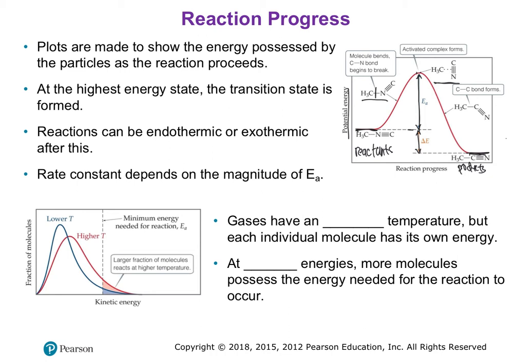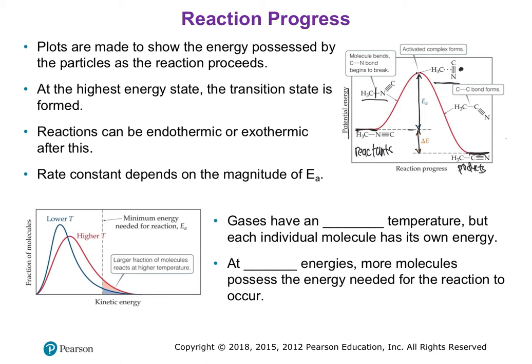In order to do that, I'm going to have to rotate the carbon and nitrogen around. So the activated form has this in-between phase where they're not connected really, but there's still some kind of attachment. It's very high energy, so it's very unstable. And then once it has enough energy to hit this point up here for the activated complex, the reaction can easily go down and proceed to the products.